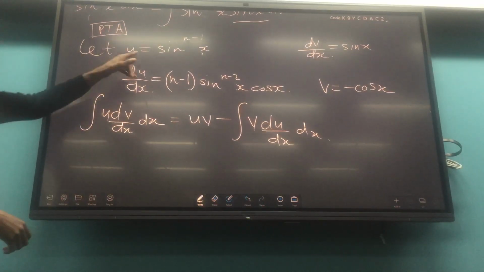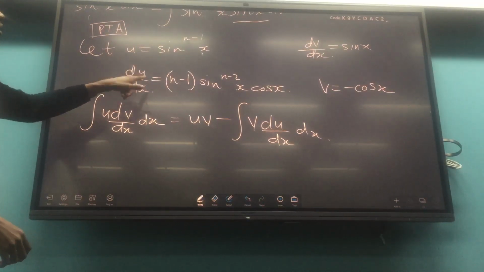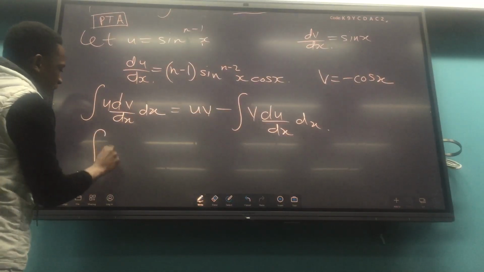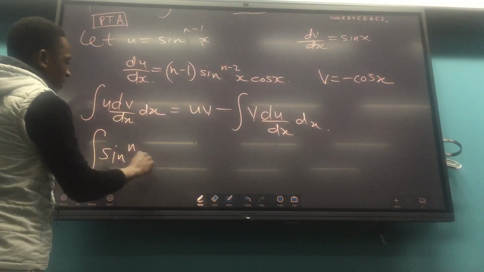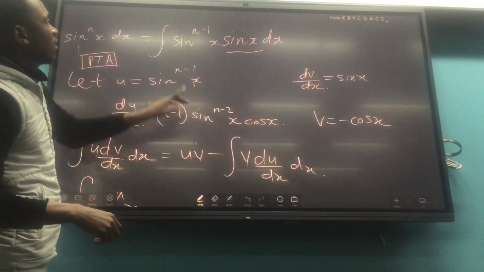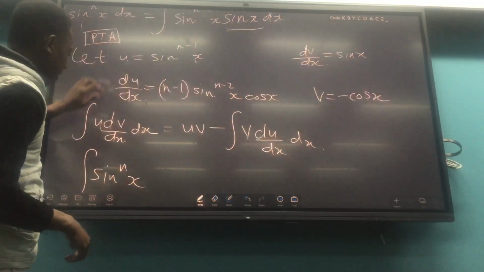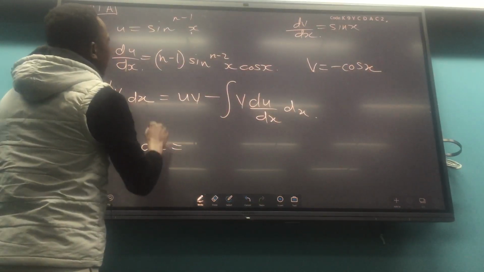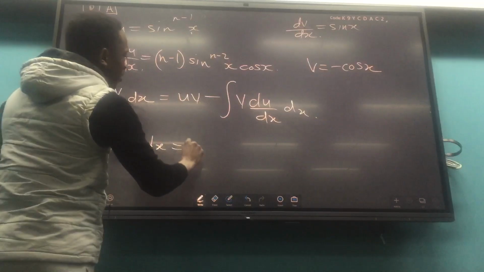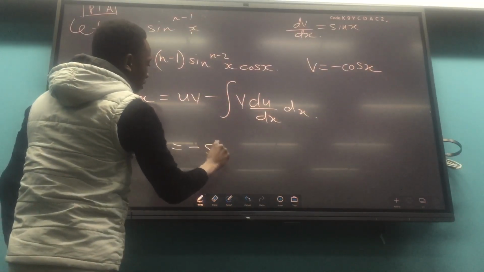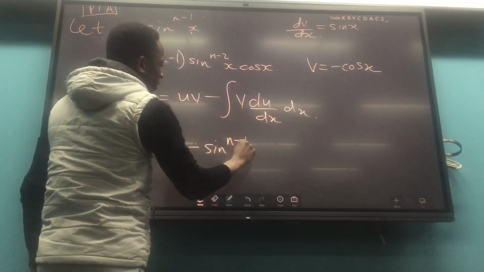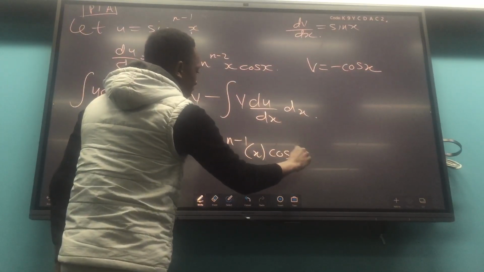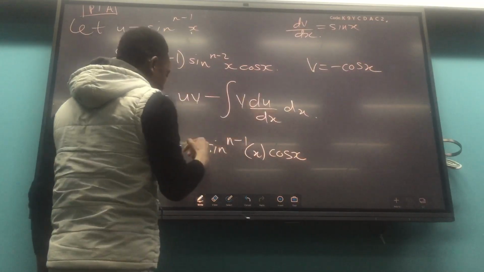The integral of u dv dx is just the integral of sine to the power n of x. Then uv is that multiplied by that, which gives us minus sine to the power n minus 1 of x cos x.